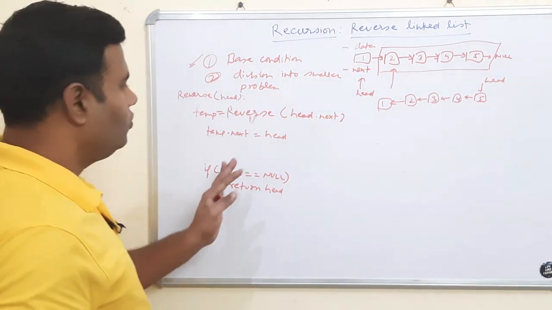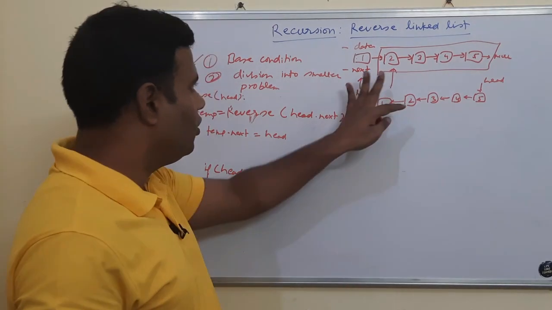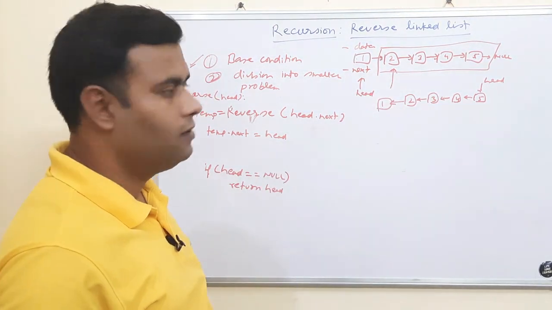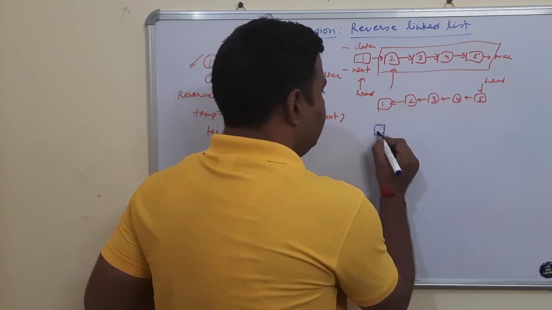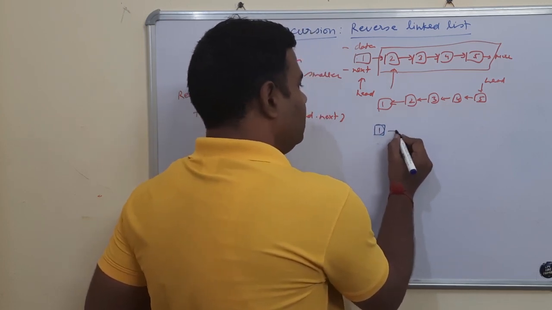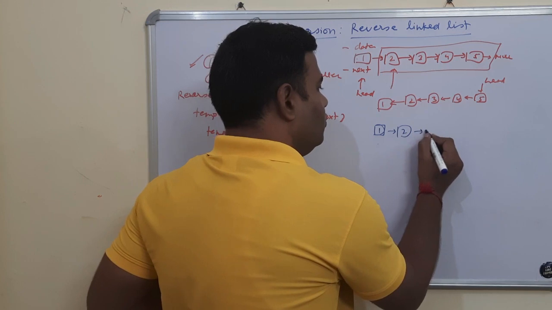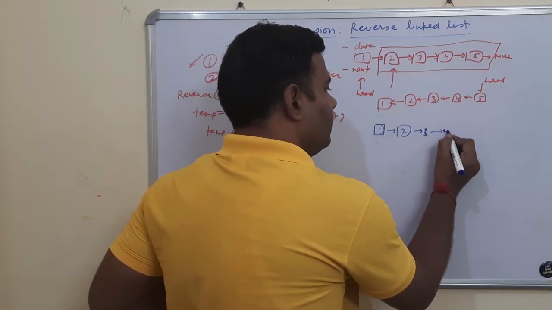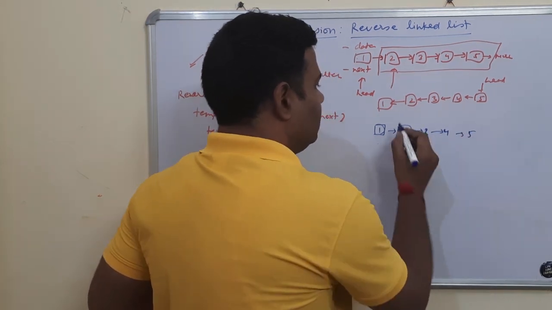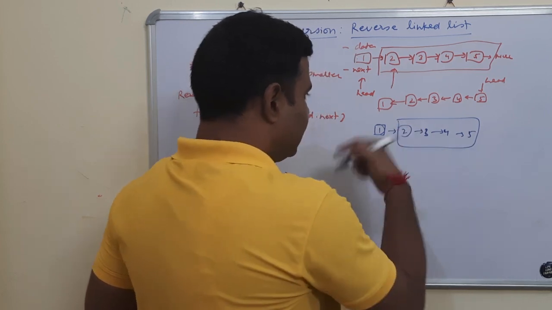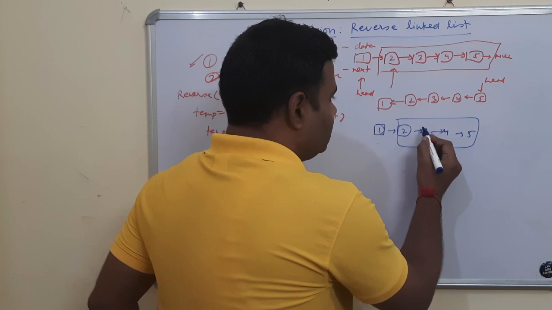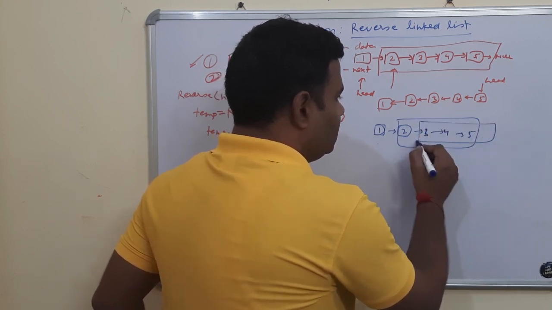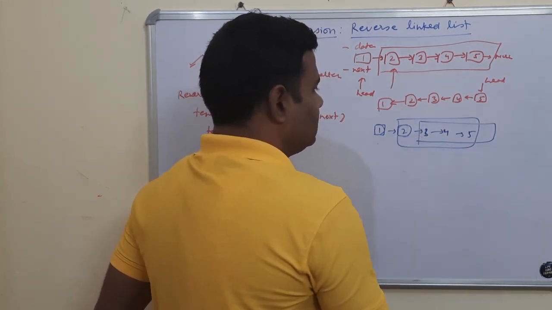Now let's dry run this same thing on this problem, then we will write the code. When you dry run, I am saying instead of reversing this 1, reverse 2 3 4 5. Then at the second stage, I am saying don't reverse this 2 to 5, first reverse this problem and then we will reverse this.